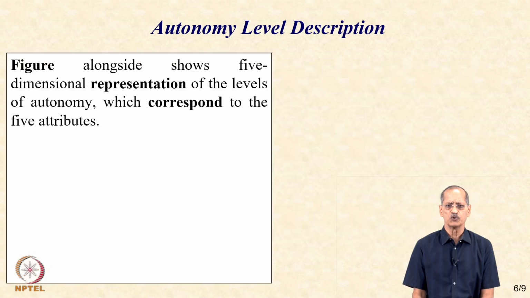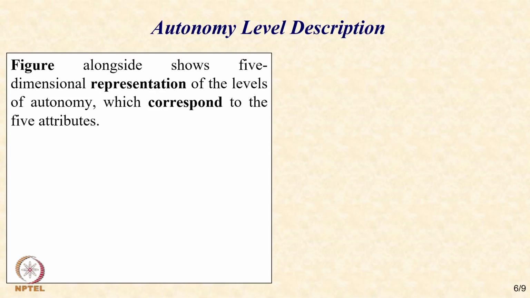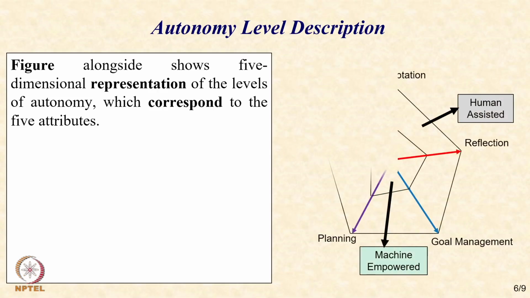So, I just want to show you a picture which brings in this 5-dimensional representation of the attributes and the levels that are visible in that representation of attributes. So, what I have done is I have represented those 5 attributes as the 5 vertices of a pentagon.